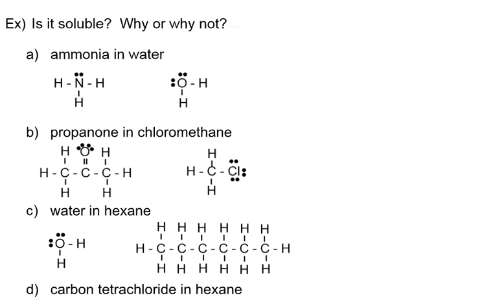All right, so have a look at these. I was actually going to put the answers up on the board, but my smartboard's not working, so I'm just going to talk it through, and we can go through them in class if we need to. So, example A, is it soluble? Why or why not? If we take ammonia and water and try to dissolve them together, will they mix or not? We know that water is going to be polar, and ammonia is also polar.